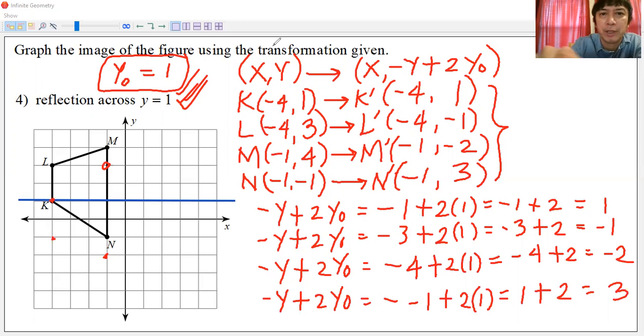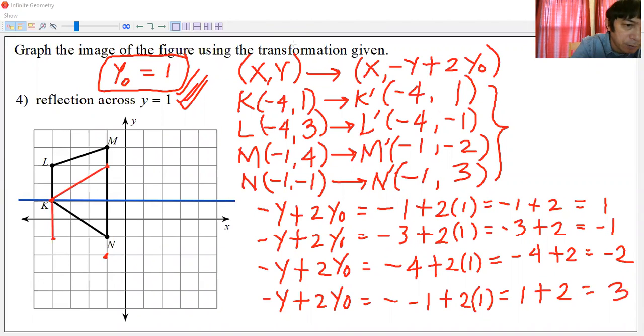There. Oh, very big. Let's make that smaller. All right. Negative 1, 3. Okay, that should be good enough. All right, there. Okay, let's connect. There.